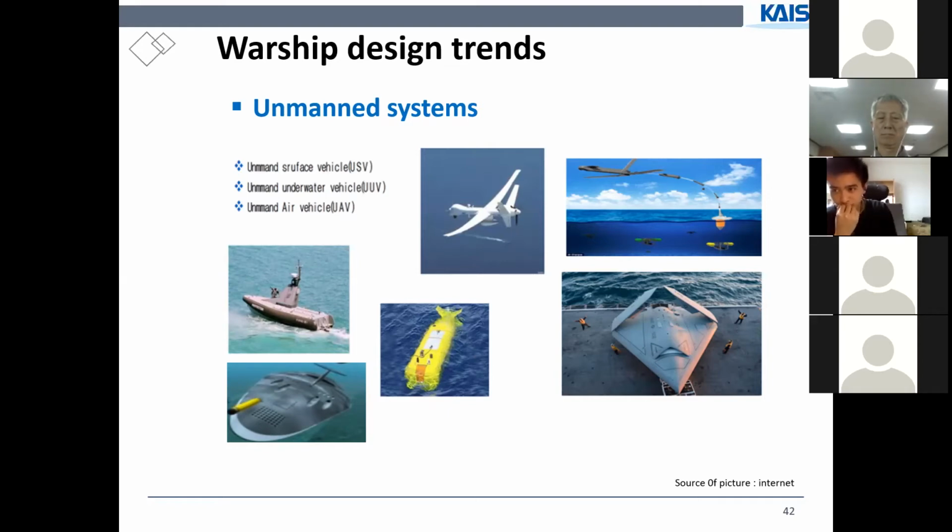This is what our country developed, USV and UAV like that. This is a very big unmanned AUV. This is the United States. As I know, they finished the test. Very dangerous.